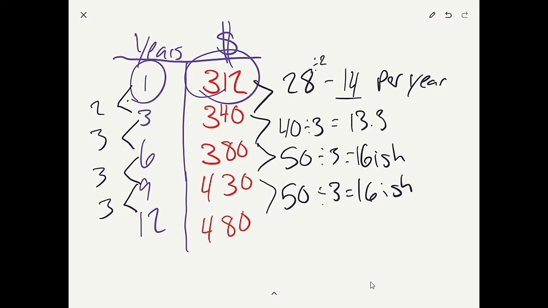Like say it went up 14 times 3, so it would be 52 times 3. In other words, if it would have gone from 340 to 392 and then kept going up by 52, that would have been proportional. But it didn't. It went from 40 to 50 to 50. All right, any questions?